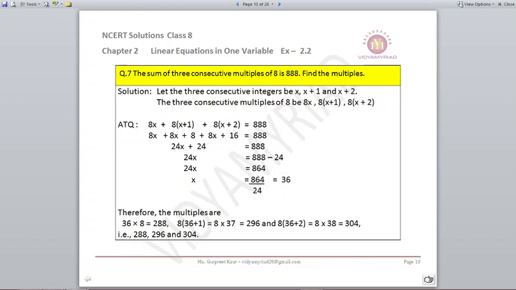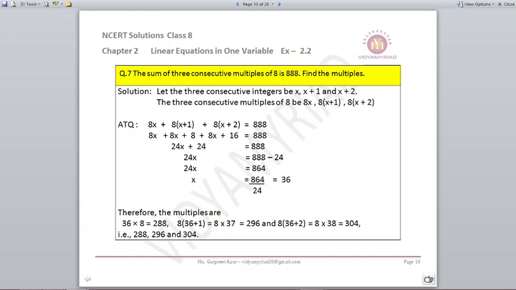Add them all together. According to the question, it becomes 8x plus 8 into x plus 1 plus 8 into x plus 2 is equal to 888. Solve it. You get 24x plus 24 is equal to 888. You get x as 36. So the value of x is 36.